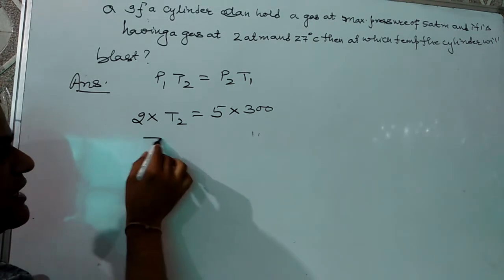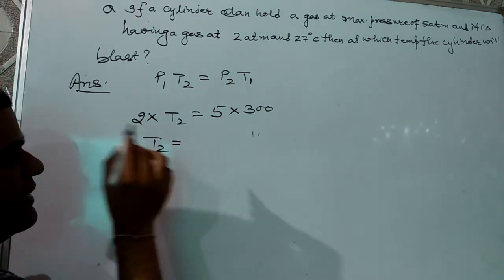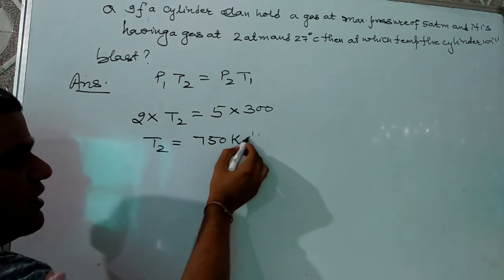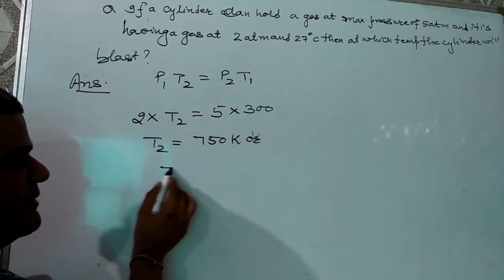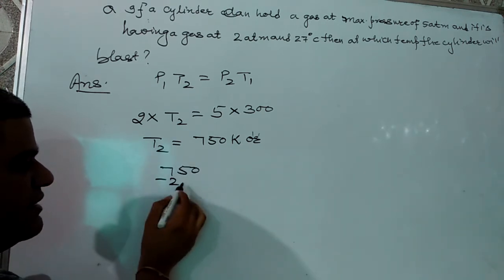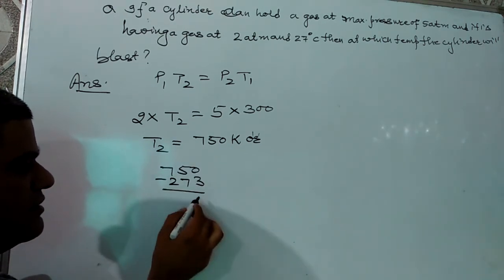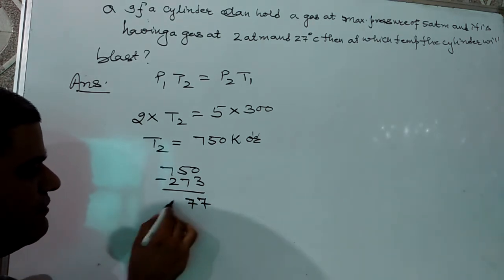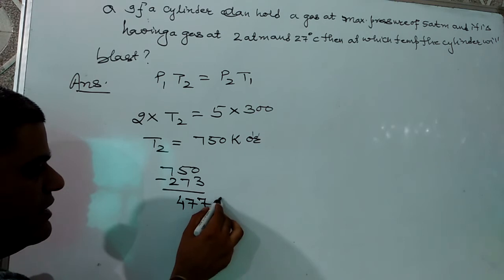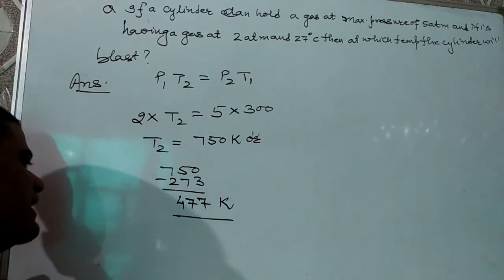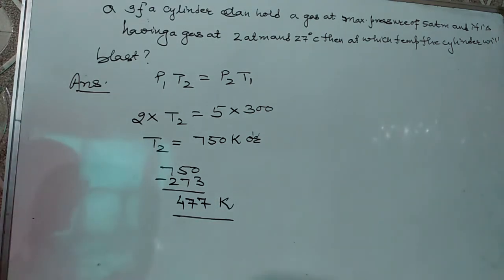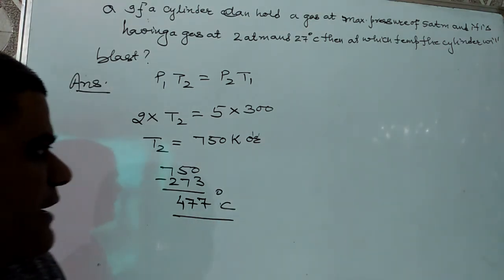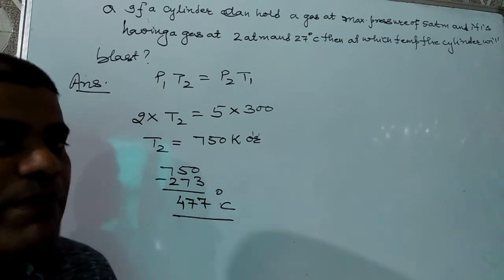So from this, the temperature comes out to be 750 Kelvin, or in centigrade that will be 750 minus 273, which is 477 centigrade. Above this, the cylinder will blast.